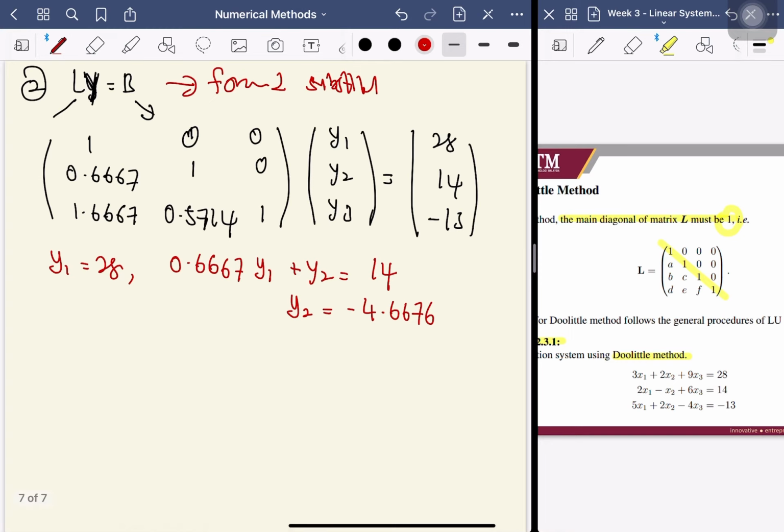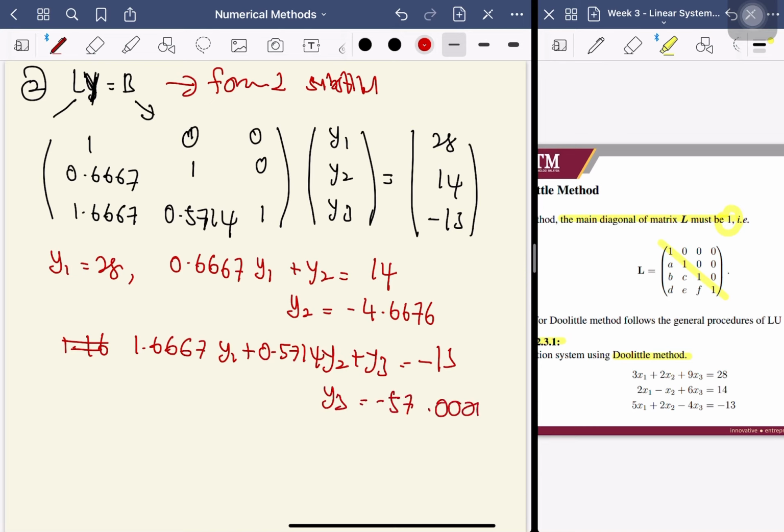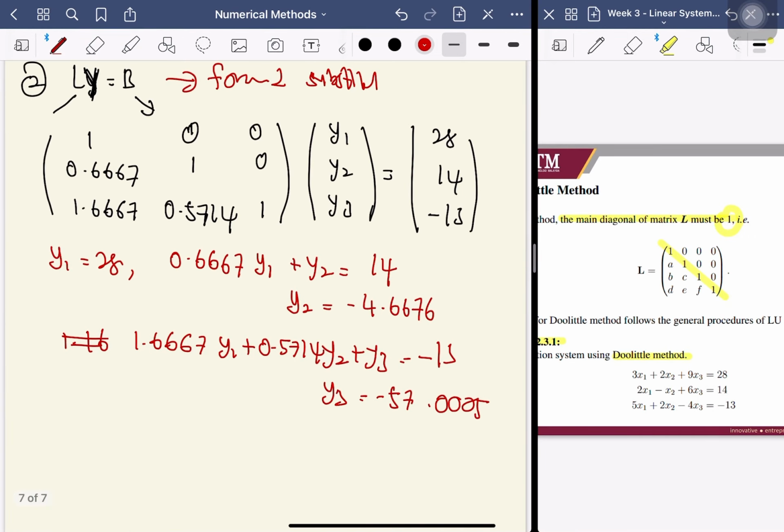The next one is 1.6667 y1 plus 0.5714 y2 plus y3 equal to negative 13, and you will get y3 equal to negative 57.0005. Now you have the components for y.